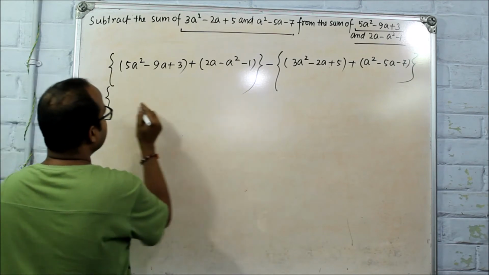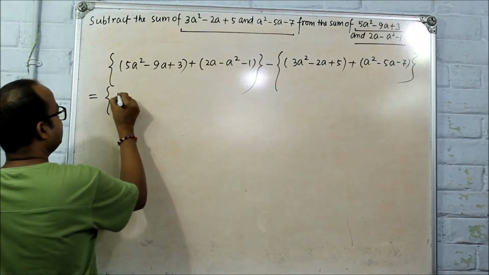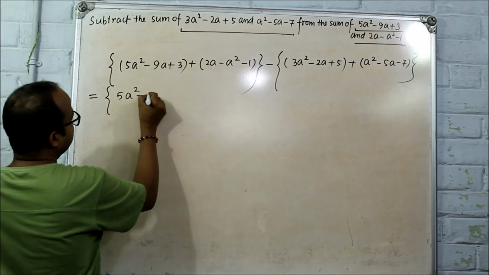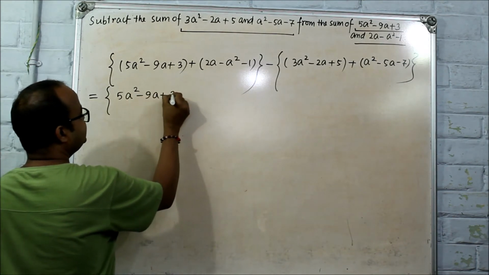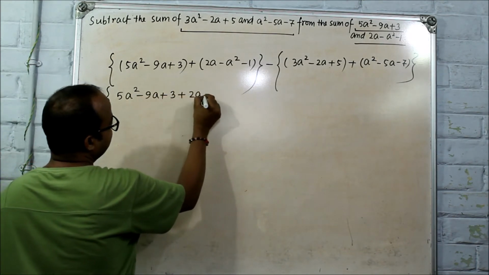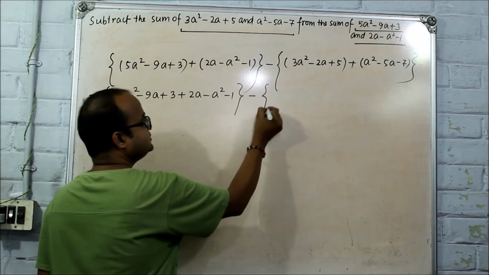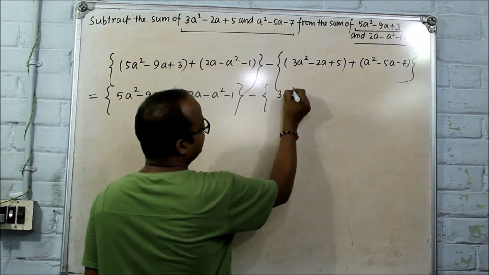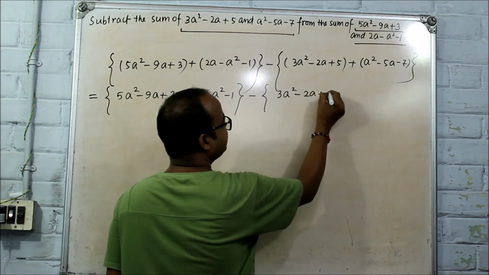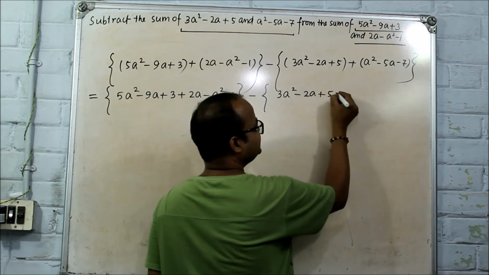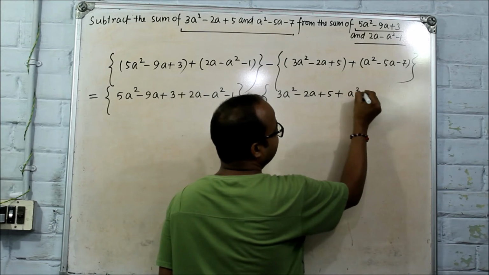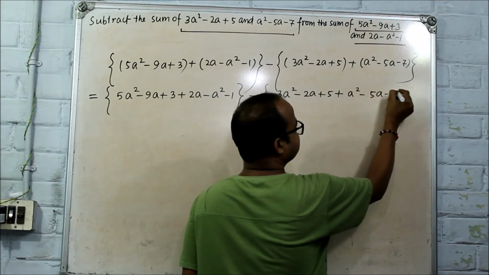So now if you open up the bracket, plus sign is there, so 5a square minus 9a plus 3 plus 2a minus a square minus 1 minus 3a square minus 2a plus 5. Outside sign is plus, so all the terms within the bracket remain the same.